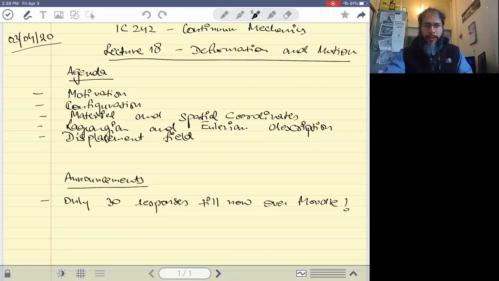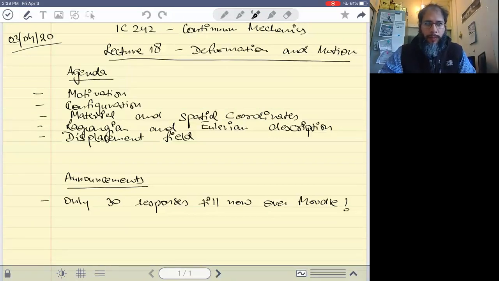In today's lecture, we'll be talking first about the configuration, that is, what is the meaning of when we say a body goes through different configurations. We'll define the terms. Then we'll also define the material and spatial coordinates. To be able to define motion, we need some sort of coordinate system to define that motion.